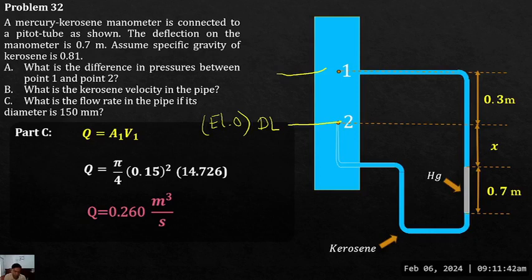So, magiging 0.3 yung elevation ng point 1. Okay? May tanong pa po ba?